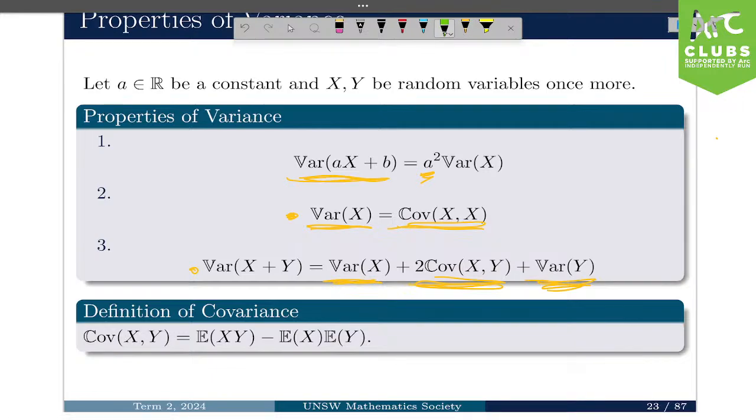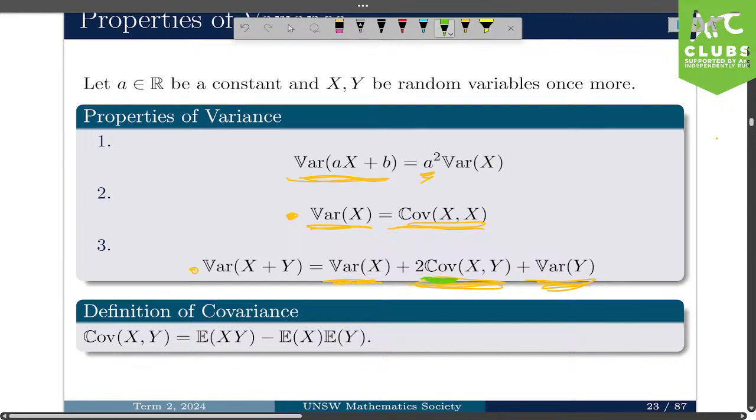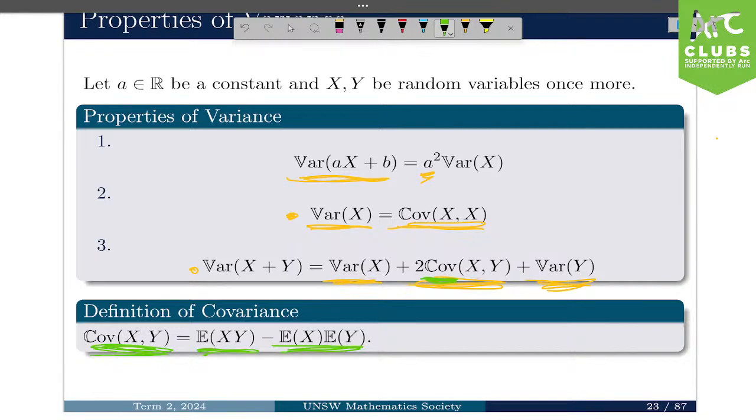So what is this thing, covariance? Covariance is something that we're going to meet a little more explicitly later, but for now we can just think of it as the expectation value of xy minus the expectation value of x times the expectation value of y. It's a measure of whether x and y are independent.